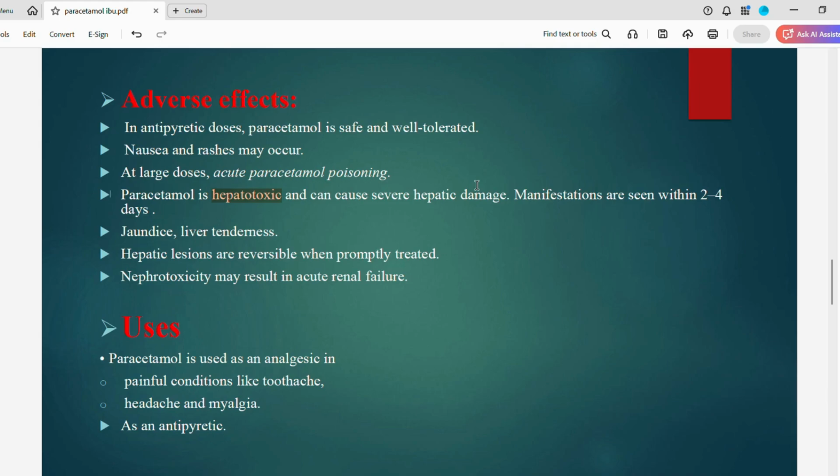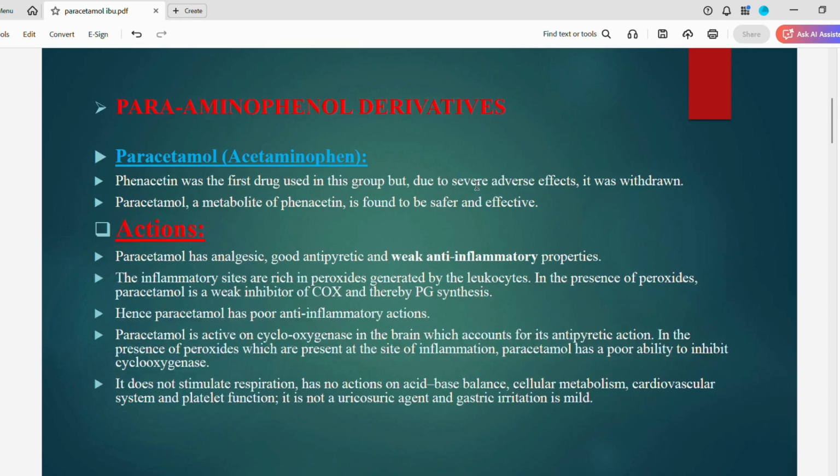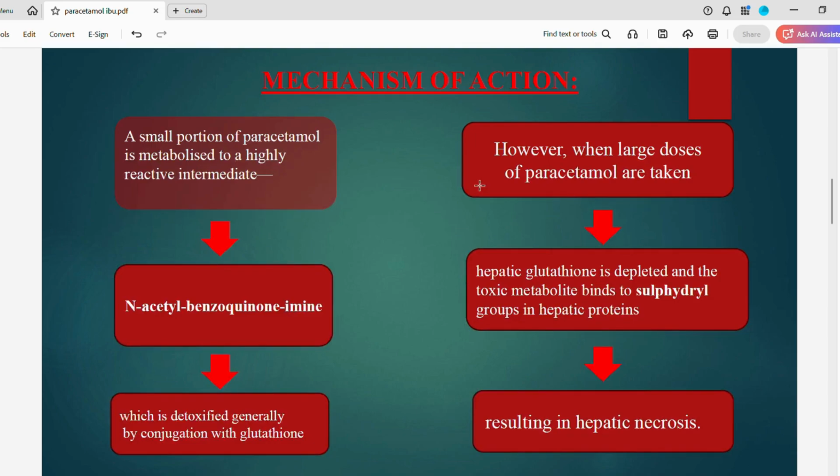You have to include in that mechanism of action, sorry, pharmacological actions. This much is enough for 5 marks. Next is pharmacokinetics. Now if you remember, you can also write the doses in pharmacokinetics. Next is mechanism; in the form of a flow chart it will be more attractive, so you can prefer writing in this form.